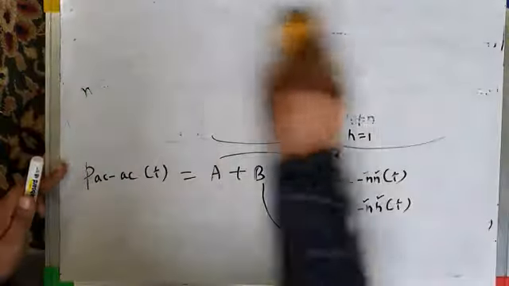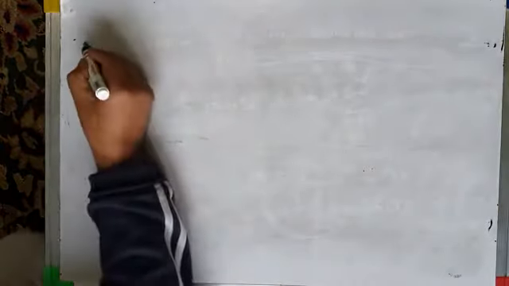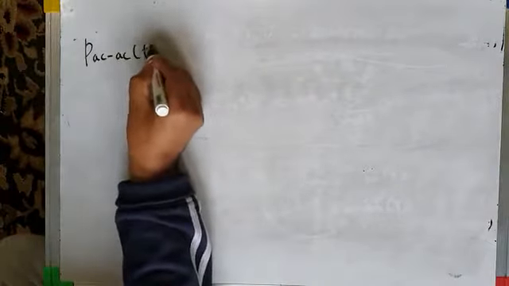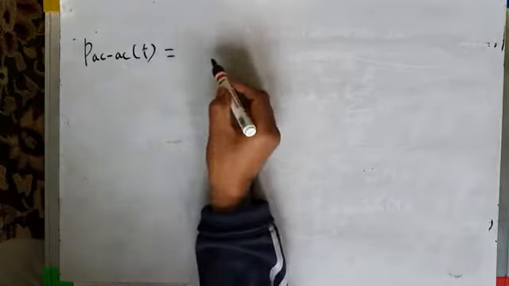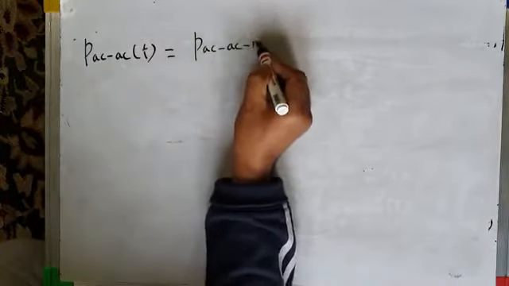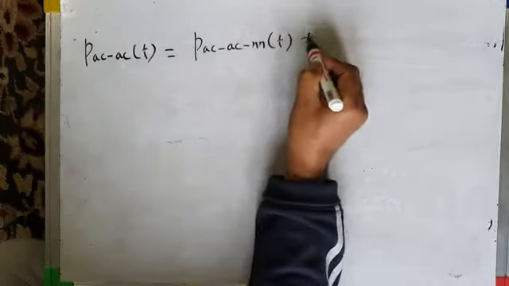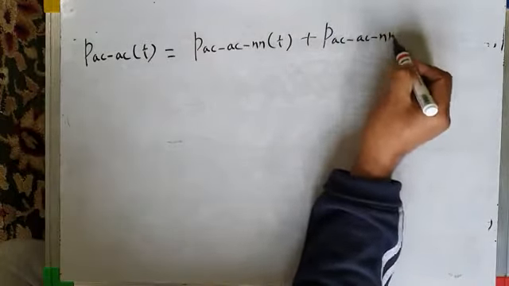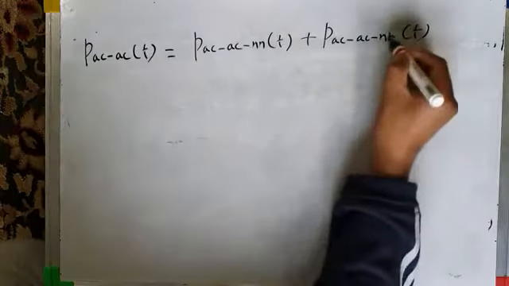So let me write it and try to solve it. Therefore, P_AC-AC(t) is equal to P_AC-AC,nn(t) plus P_AC-AC,nh(t). Okay, fine.